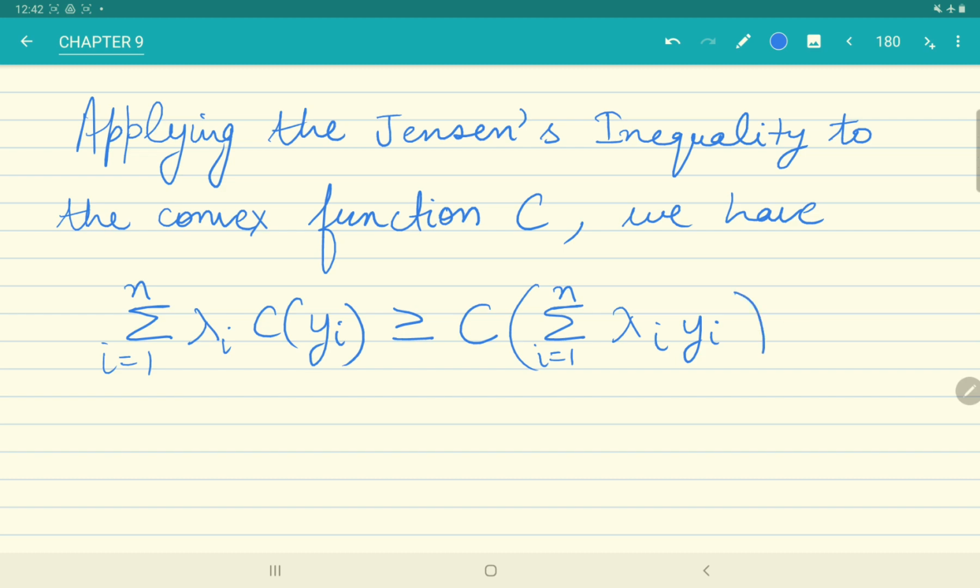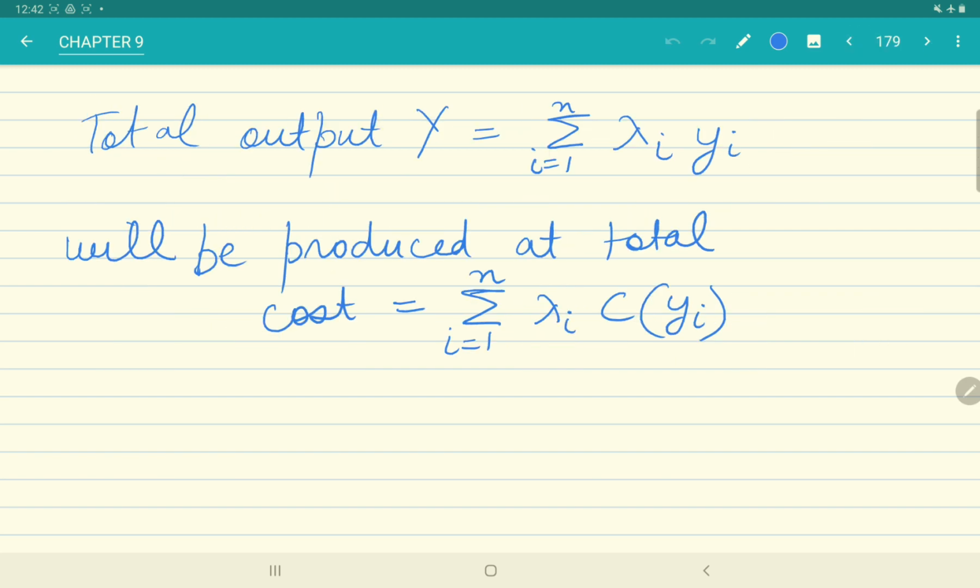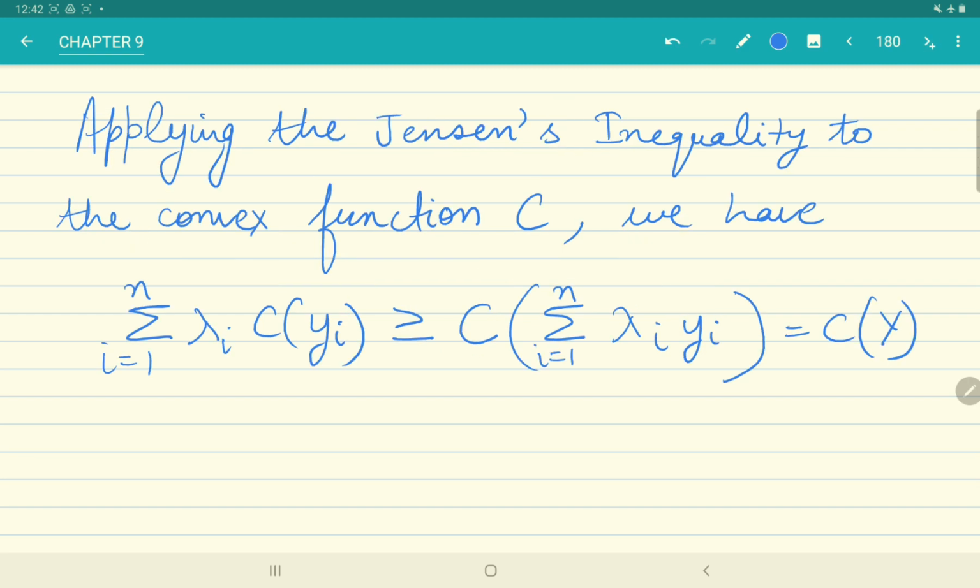And this I know is equal to c of y. That I know already. And that just means that the total cost is this, that is greater than equal to this. So what does the right hand side indicate?